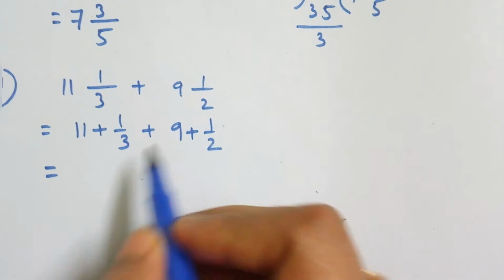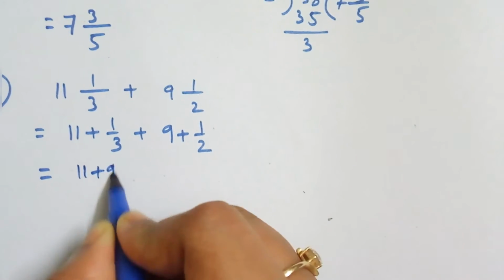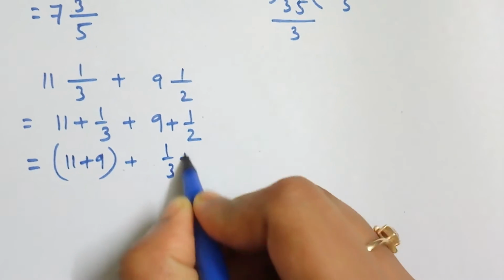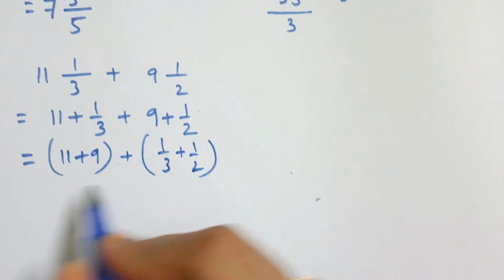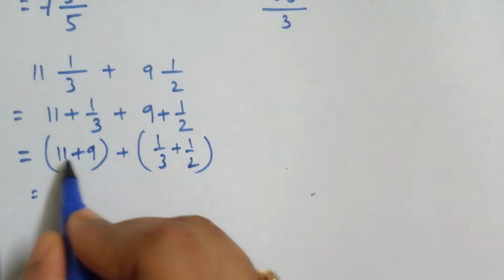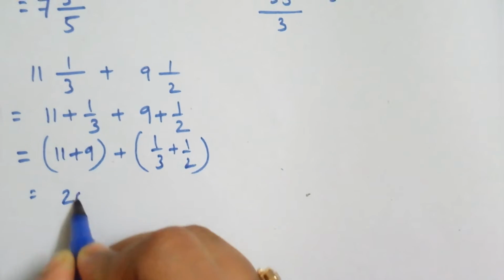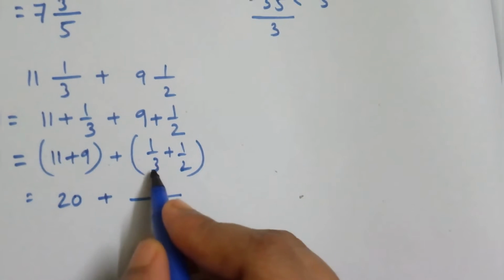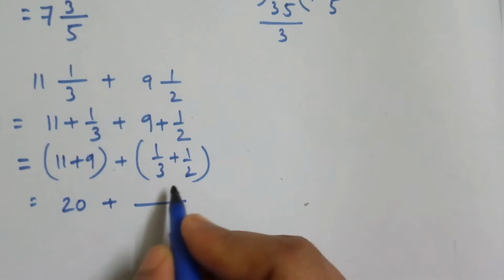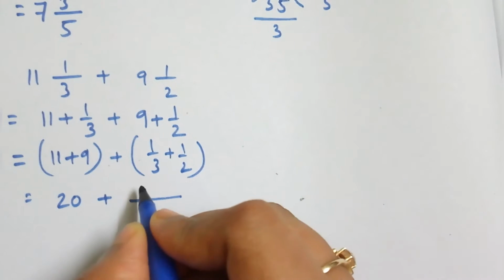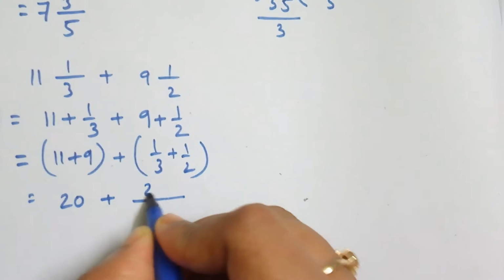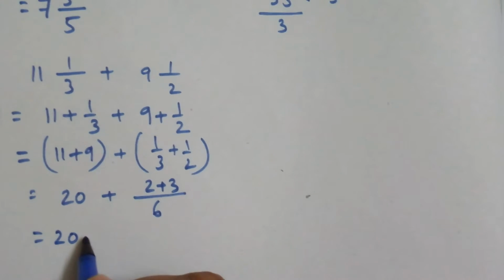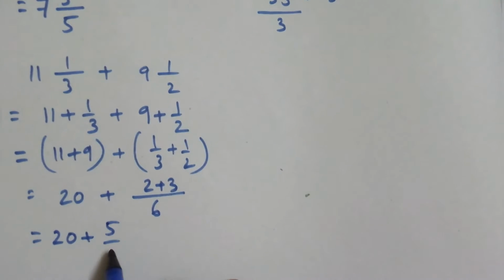So add these whole numbers, 11 plus 9, and separately add these fractions. 11 plus 9 is 20, and the LCM of 3 and 2 will be the denominator, it will be 6, and the numerator will be 3 plus 2. So it is 20 plus 5 by 6.